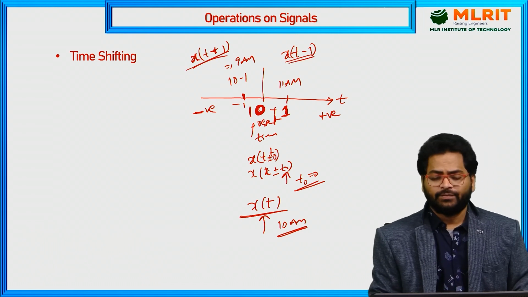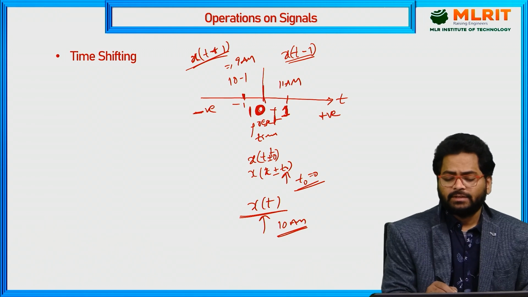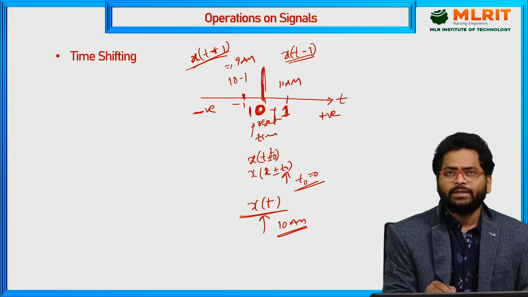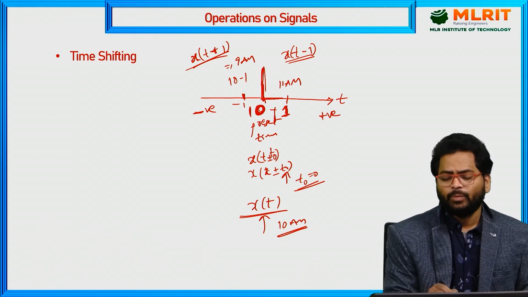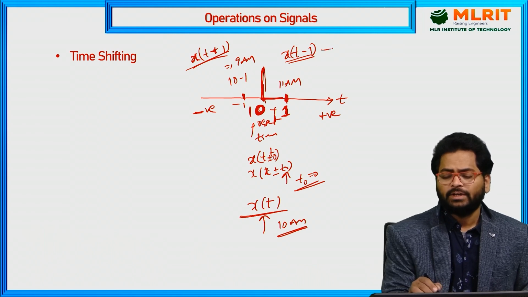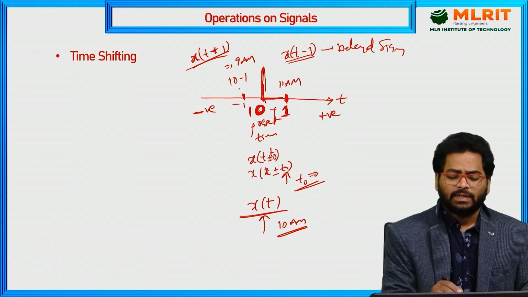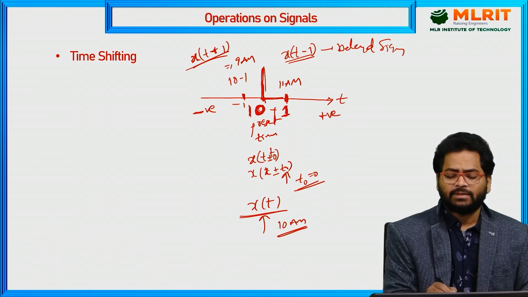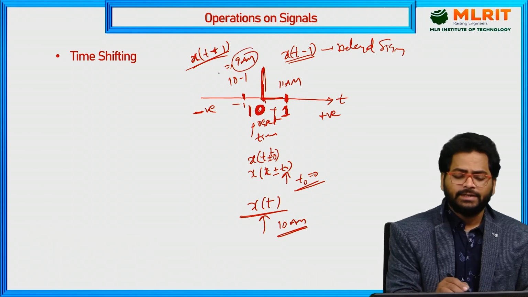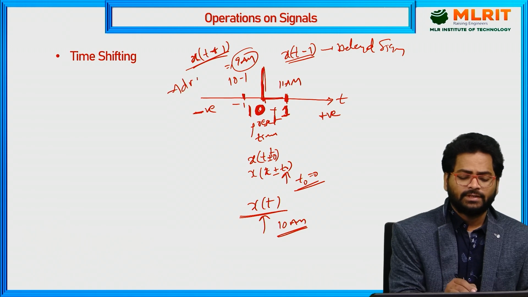Now how are we defining this? The train must reach at this point, but it is delayed by 1 unit, that means 1 hour. You can call it a delayed signal. Actually the train should come at 10, but it reaches at 9 a.m. So this is the advanced signal.